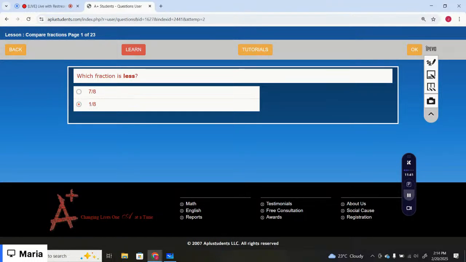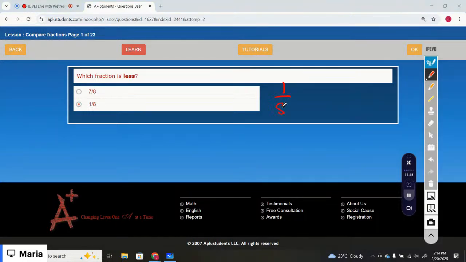The smaller fraction is the one, because both the fractions have the same denominator. Just look at the fractions 1 over 8 and 7 over 8, right? When the fractions have the same denominator, you just look at their numerator. 1 is smaller than 7, so 1 over 8 is less than 7 over 8.